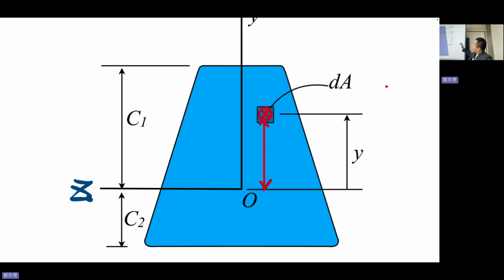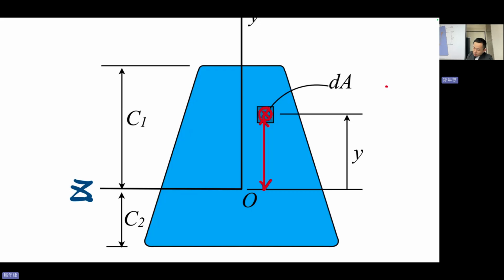Okay, so this is the force. The force is sigma times dA pressing into the monitor. And the force acting on that dA has the force arm y. So y times force will be moment.